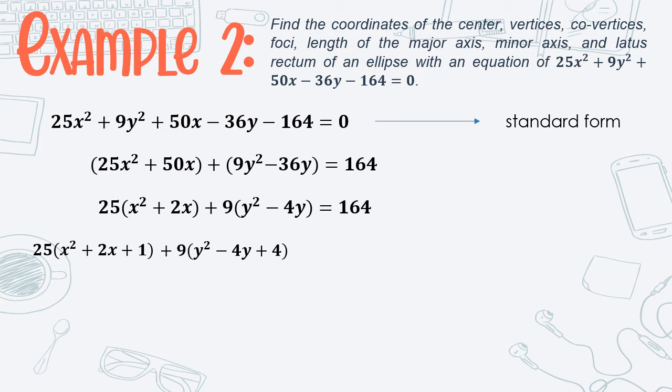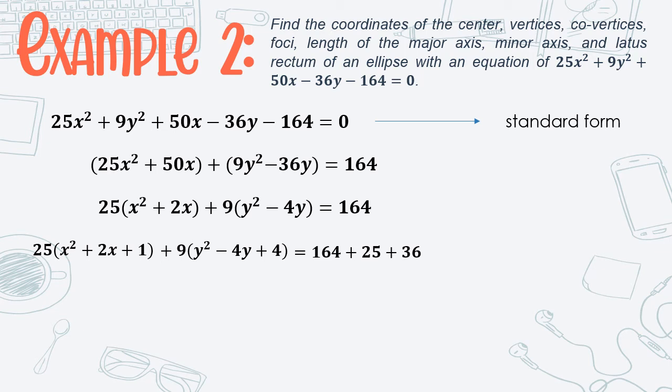So we will have 9 times y squared minus 4y plus 4 is equal to 164, and don't forget to add the third term. But this time, since we factored out some terms, we have to multiply 25 times 1 first before adding, and also 9 times 4. So we have plus 36. Again, add all the terms to our constant term. So we have 164 plus 25 plus 36.